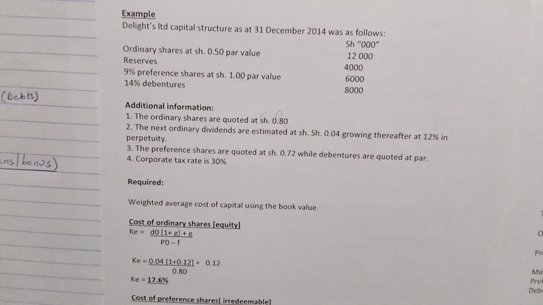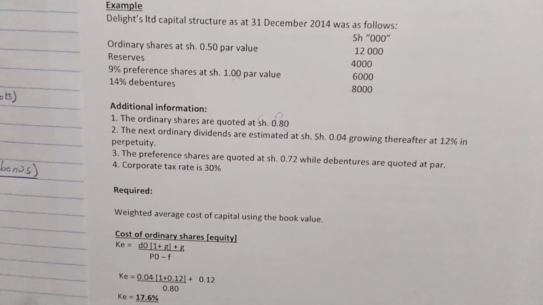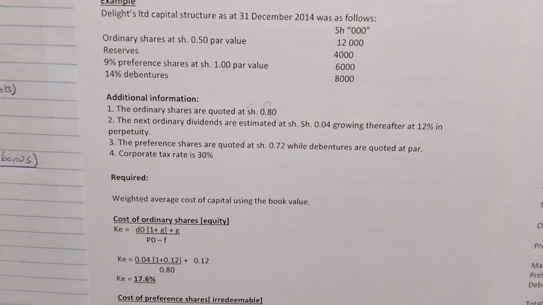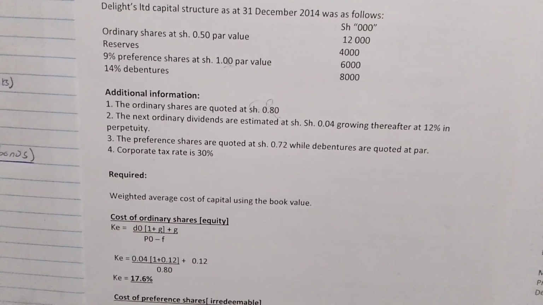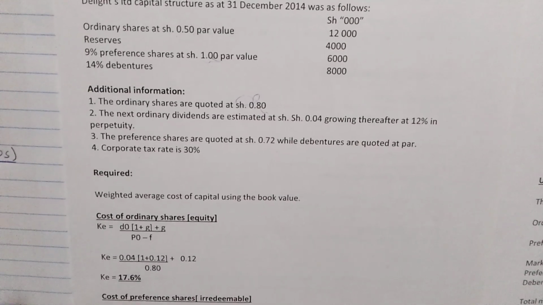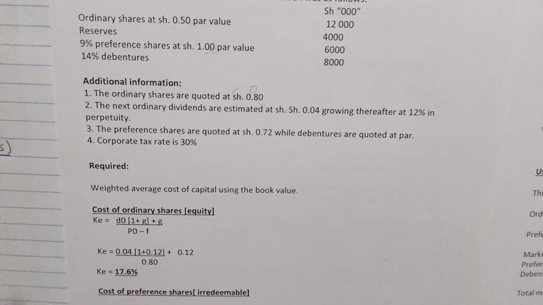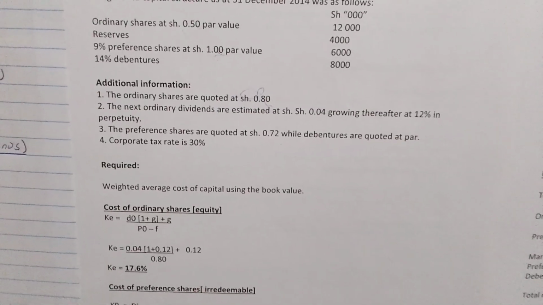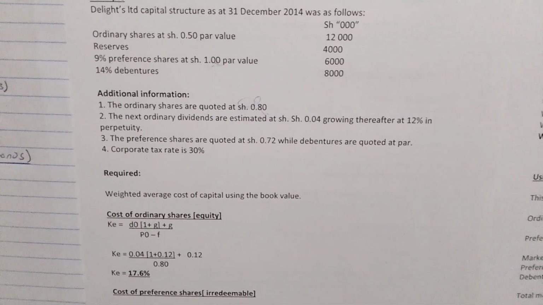Dividends are paid based on par value or the nominal value, not the market value. We can't pay dividends based on the market value. We pay dividends based on the par value because par value is constant. The par value does not change.